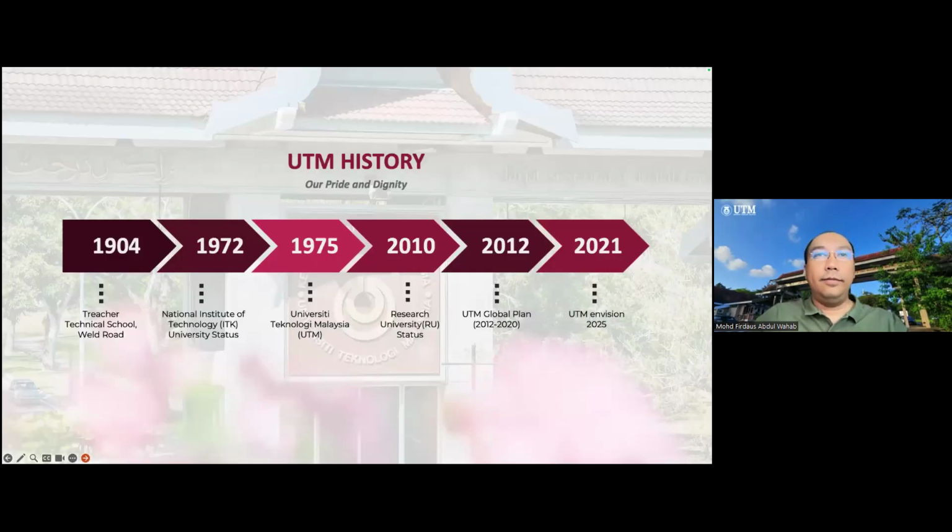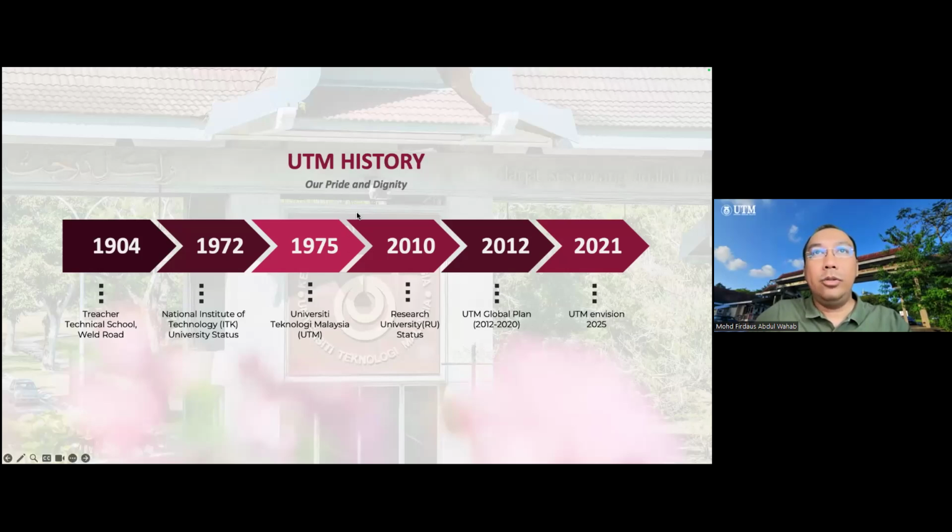And the history of UTM, we started way back in 1904 as a technical school, focusing on technical and engineering courses. And then we were upgraded to university status, first known as Institute Teknologi Kebangsaan, or ITK, in 1972. And we became UTM, University of Technology Malaysia, in 1975.